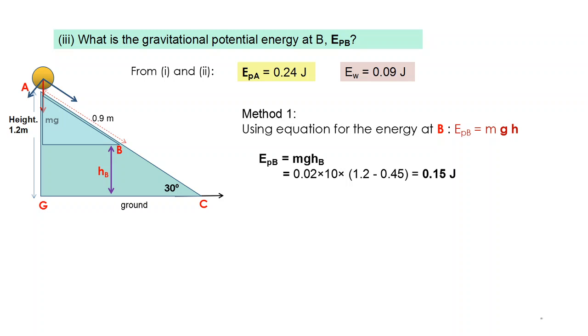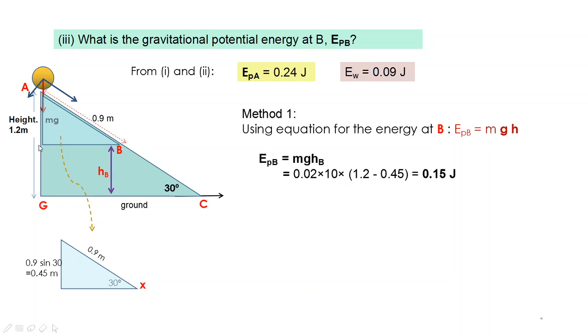Method 1, we can reuse the equation E equal to mgh. In this equation, we need to find the height at B. Can you observe the small triangle in the main diagram, and I have projected it at the bottom of the slide. Since the ball has slid down 0.9 meters along the slope, we have to determine how much it has traveled vertically.